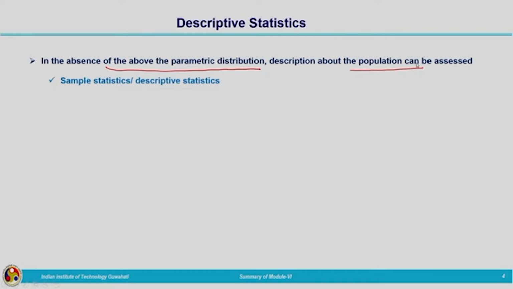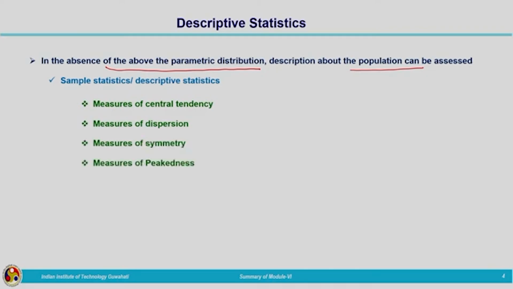That is, we are making use of the sample data, and the properties related to these sample data are described by means of descriptive statistics. Different descriptive statistics which we have discussed are measures of central tendency, measures of dispersion, measures of symmetry and measures of peakedness. 4 different measures we have discussed under descriptive statistics.